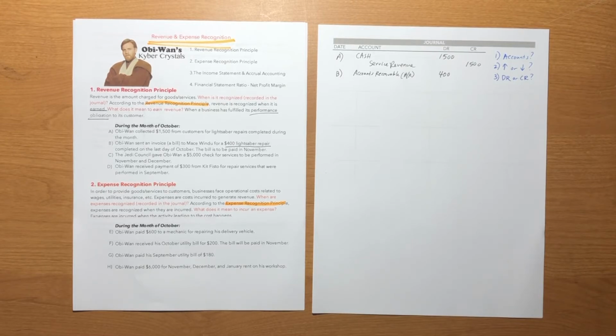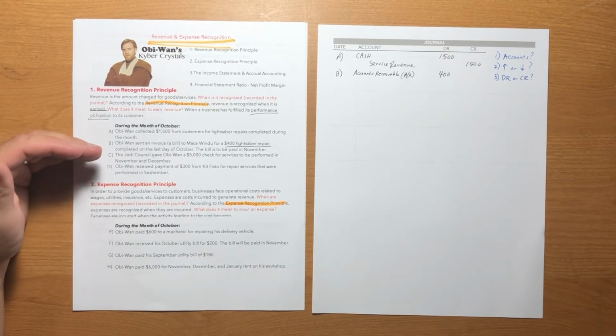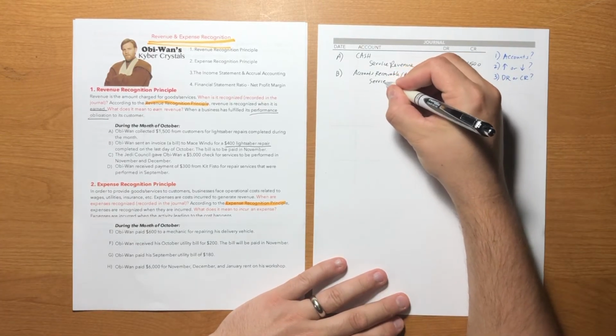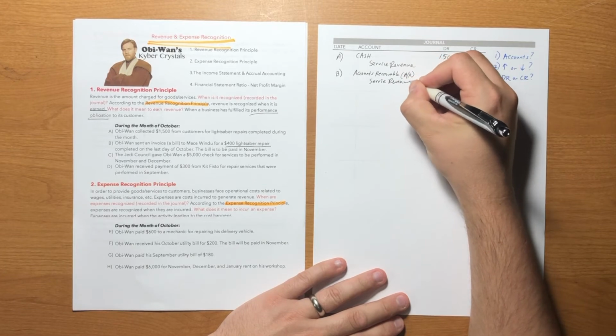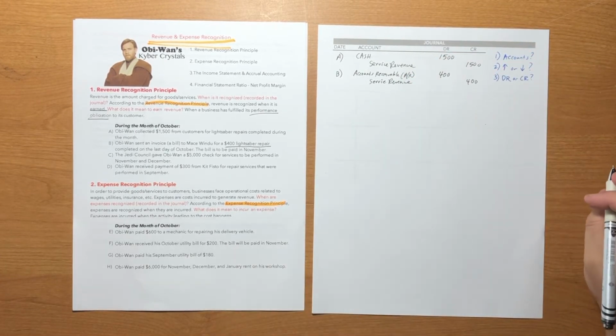Well, Obi-Wan has completed the service the last day of October. Obi-Wan, in other words, fulfilled his performance obligation to Mace Windu October 31st. And so Obi-Wan gets to record service revenue for $400. Now, it doesn't matter that he hasn't gotten paid yet, right? Revenue is recorded when it is earned.